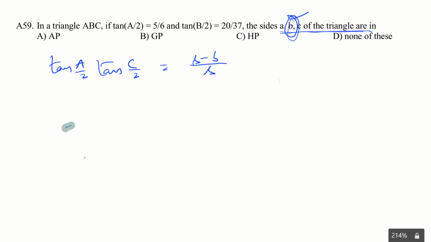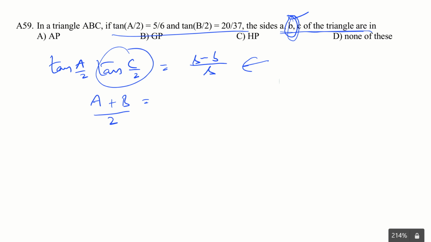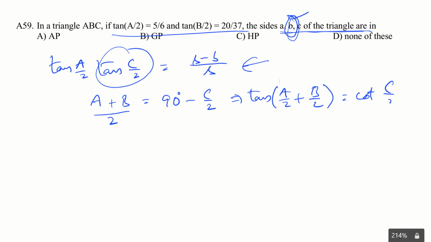So basically, observe that to use this formula ultimately, I need the tan C by 2 value. So I find tan C by 2 from the information given. I have A plus B is equal to 180 minus C, or A plus B by 2 is equal to 90 minus C by 2. So taking tan on both the sides, I get tan of (A by 2 plus B by 2) is equal to cot C by 2.